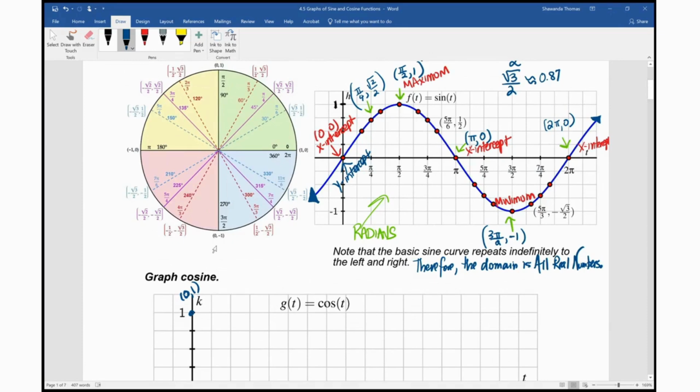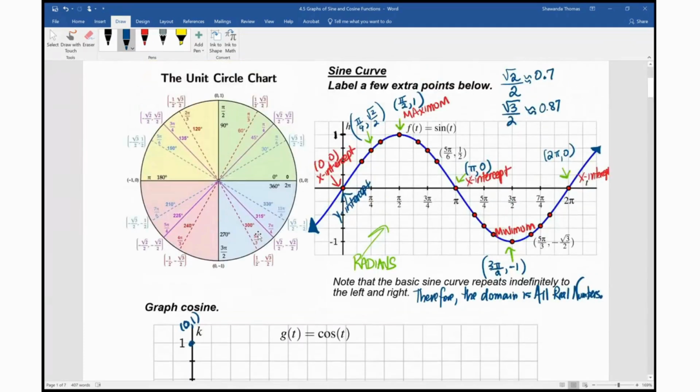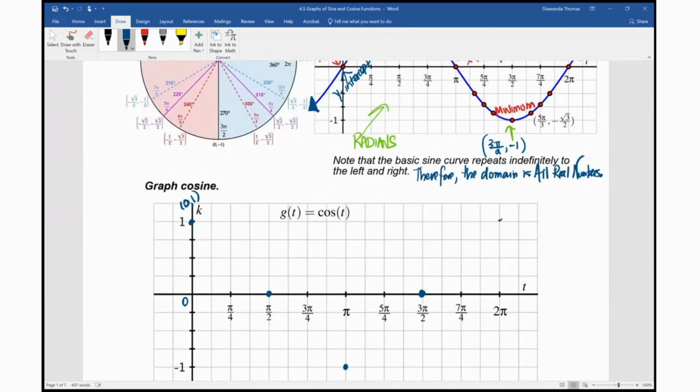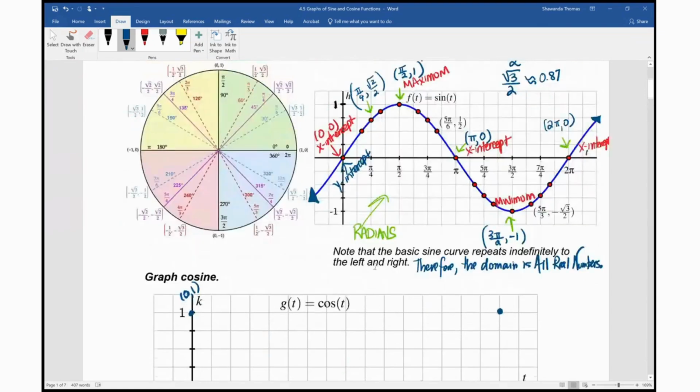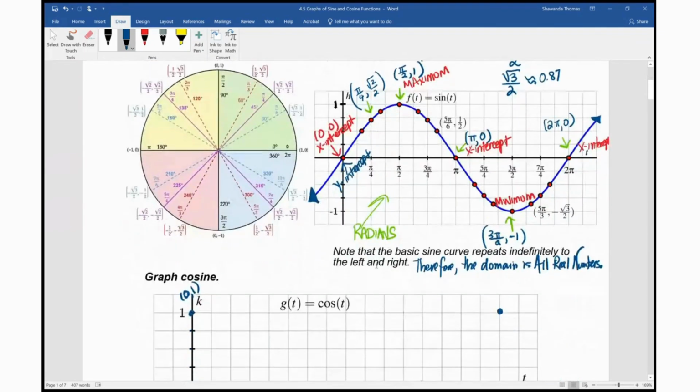Cosine of 3 pi over 2? 0. What about cosine of 2 pi? 1. And we're doing from 0 to 2 pi because the regular cosine and sine have a period of 2 pi.